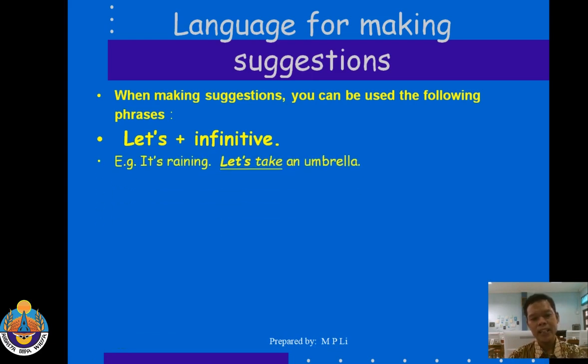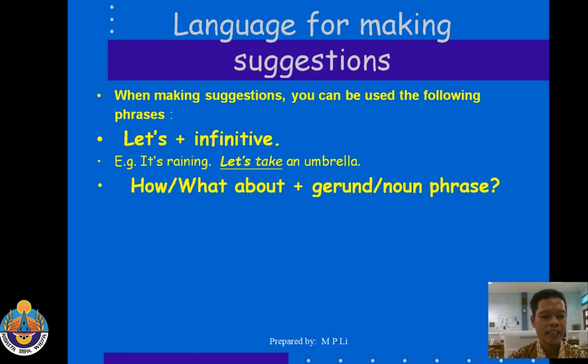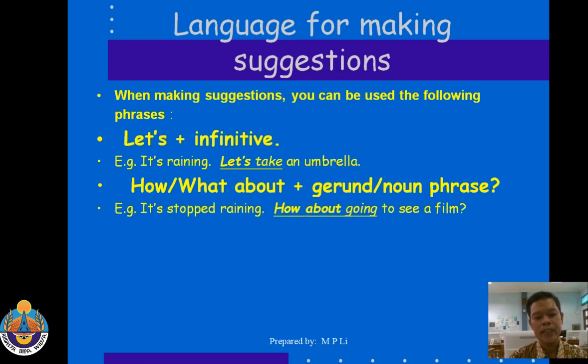Let's take an umbrella. The second, you may use how about or what about, then followed by gerund or noun phrase. For example, it stopped raining. How about going to see a film?